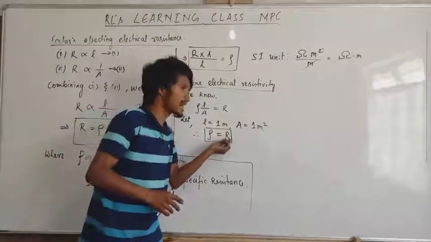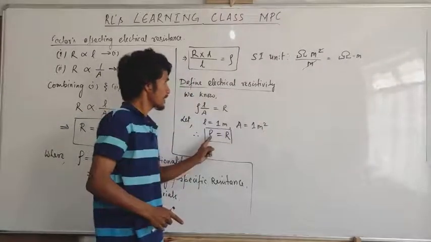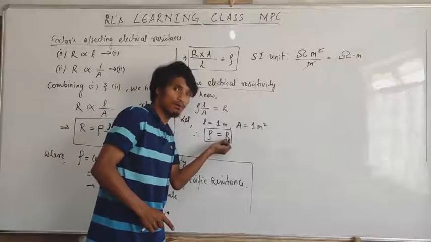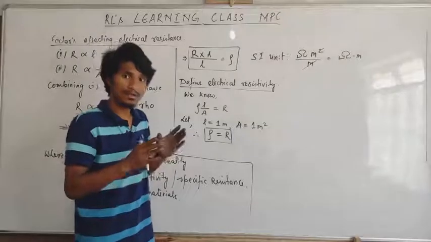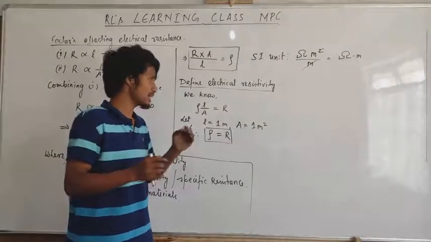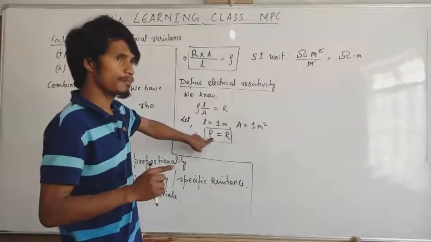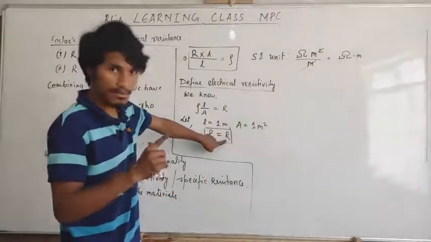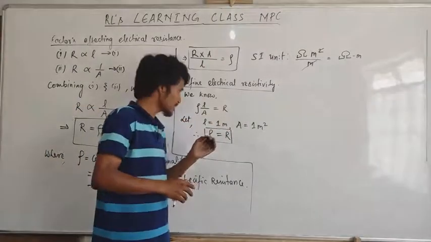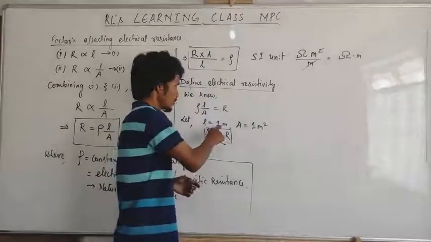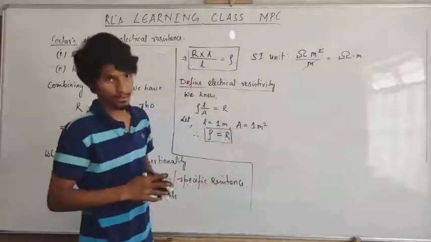Because rho is equal to R, electrical resistivity is the amount of electrical resistance of a conductor whose length is 1 meter and whose area of cross section is 1 meter square.